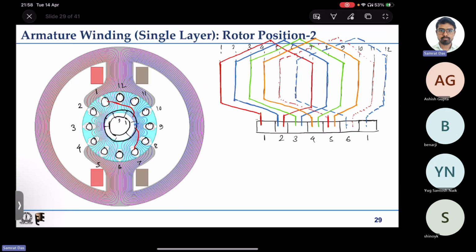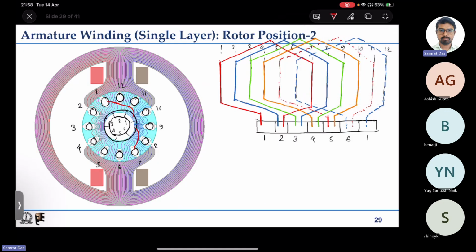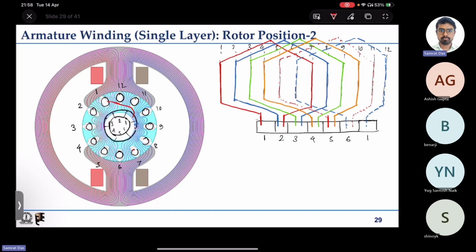Right, so this is 1, 2, 3, 4, 5, 6. This goes like this, and this has to go back. Whatever is coming from 7 has to go to coil number 2.